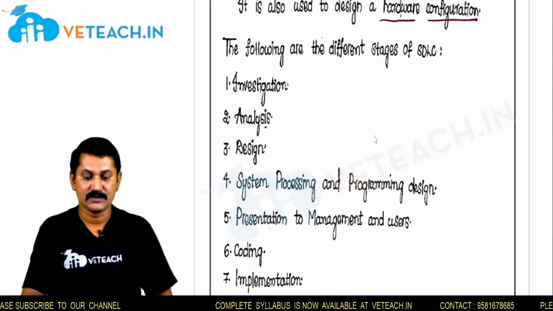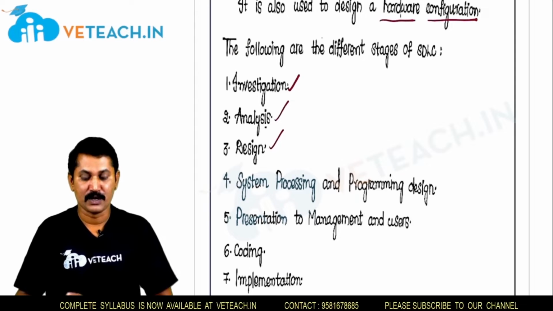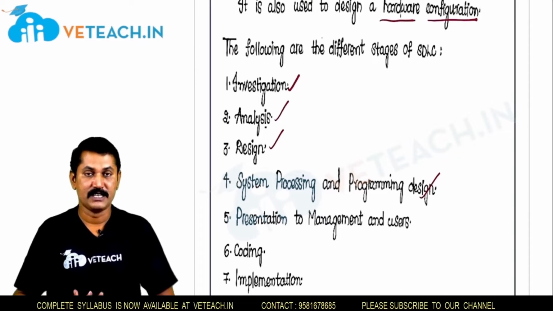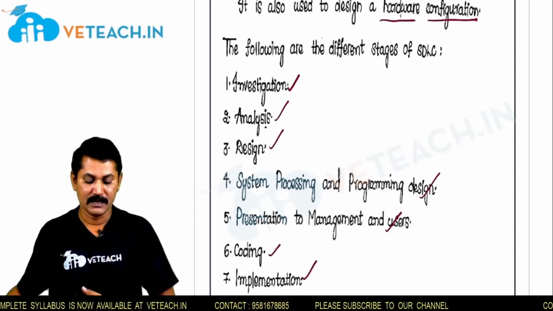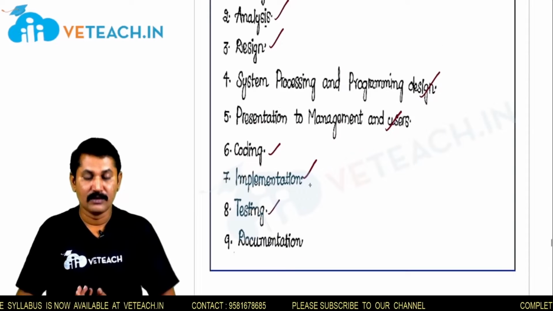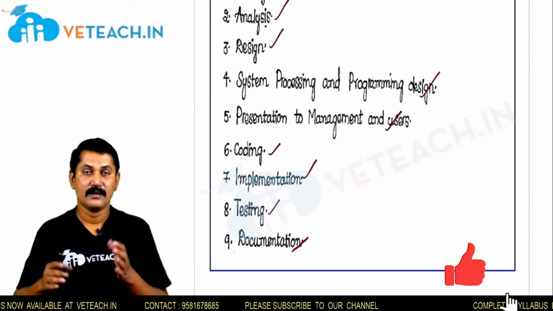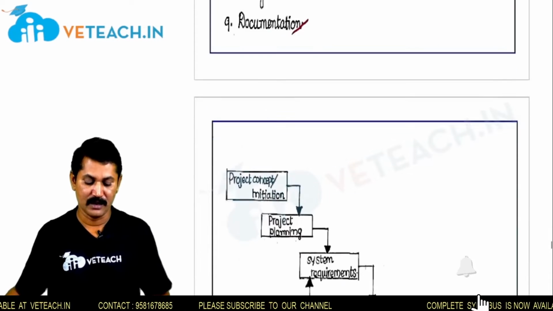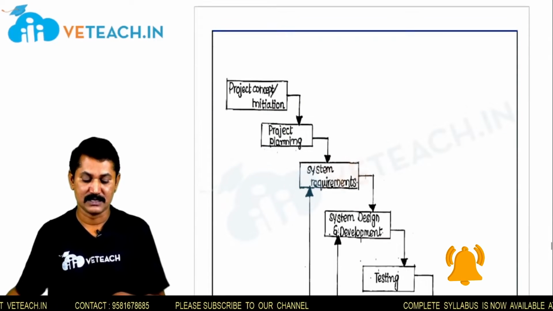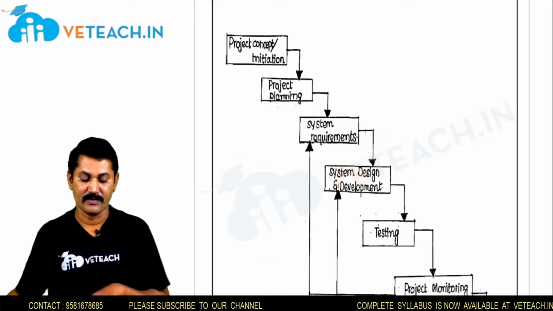They are: investigation, analysis, design, system processing and programming design, presentation to the management and the user, coding, implementation and testing along with the documentation. So these are the 9 procedural steps involved in the development life cycle of the computer system, that is, for the development of system software or the hardware.